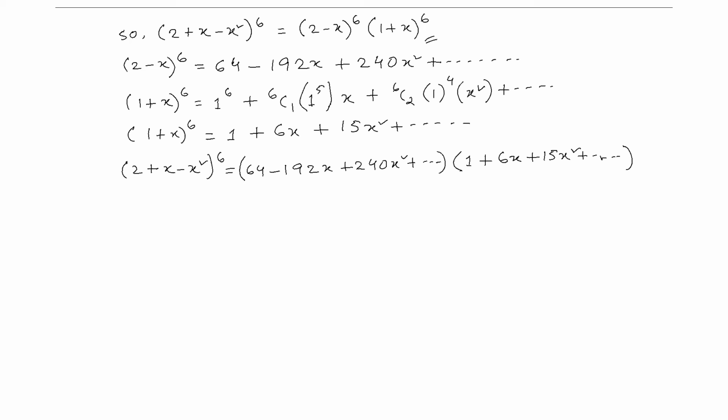If 1 gets multiplied with the 240x², this product will give us one x squared term, and if −192x gets multiplied with 6x, it will give us our second x squared term. And last but not least, if 64 gets multiplied with 15x², then it will give our third x squared term.